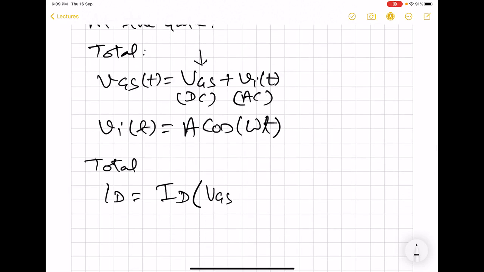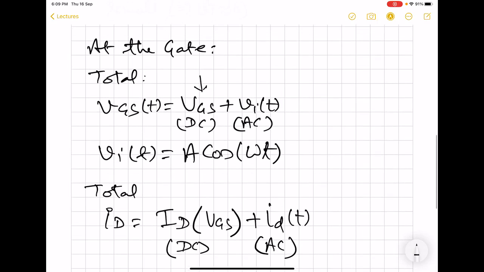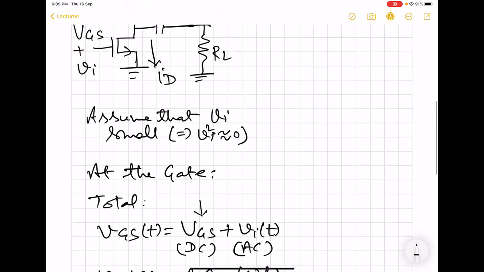In fact, we had derived it, and there will be a time varying drain current, which will be a function of the input. So there will be two components to the drain current, DC and AC. AC is actually the RF part in which we are interested.